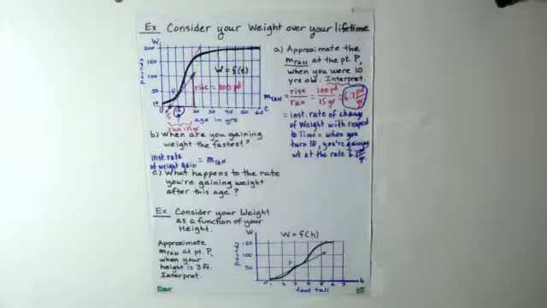So pause the video for a moment and try to answer this question. Try to pick out the age at which you are gaining weight the very fastest. And then restart the video and we will go through it together.